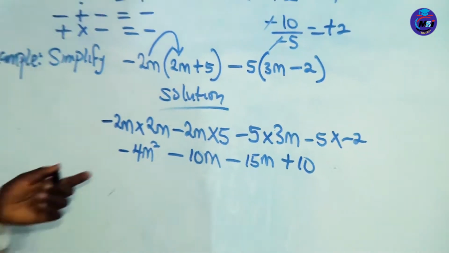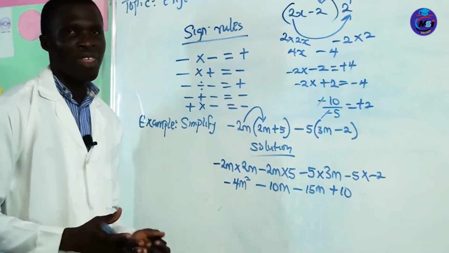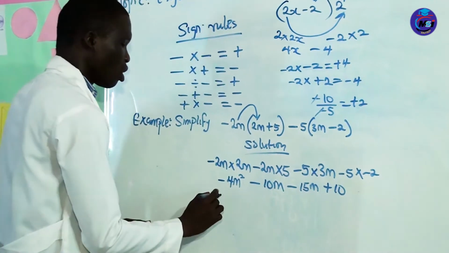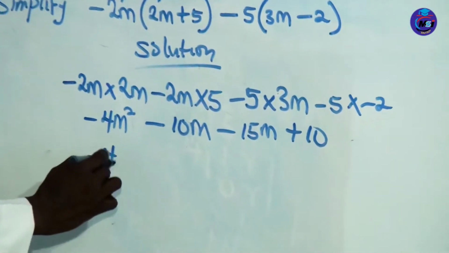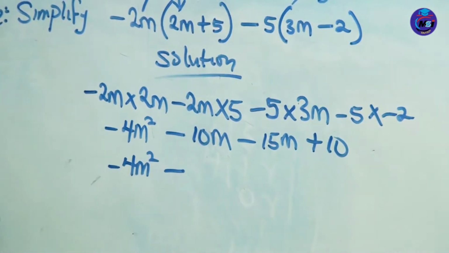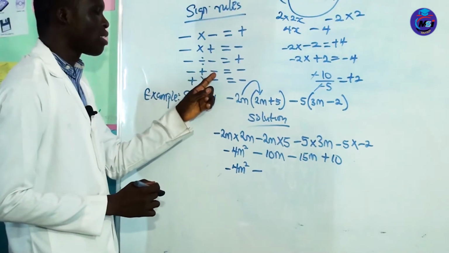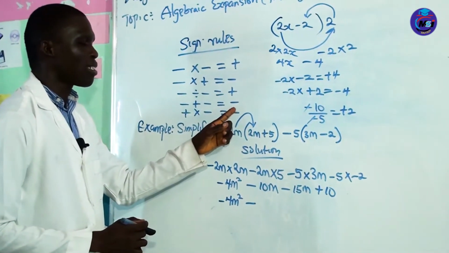Now, here we are going to apply collecting like terms. Okay? This will give us minus 4m squared minus, remember, minus plus minus will still give us minus.